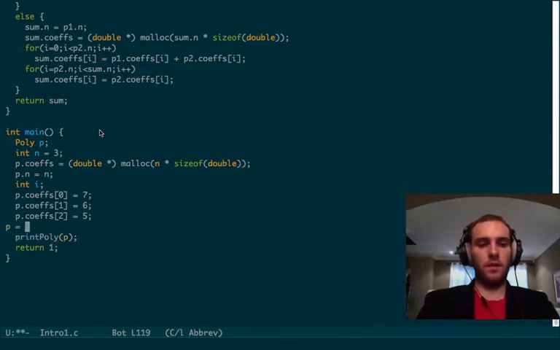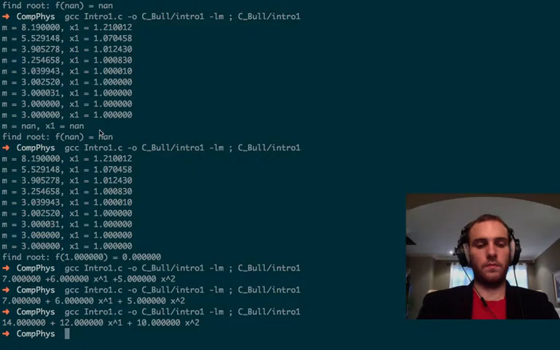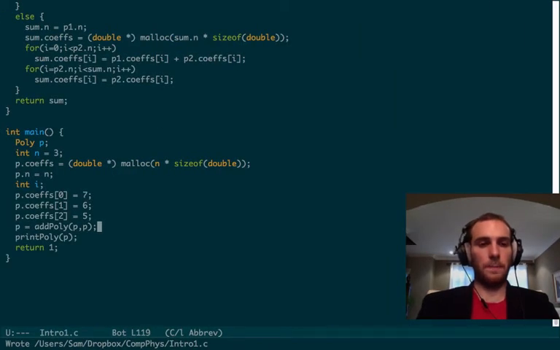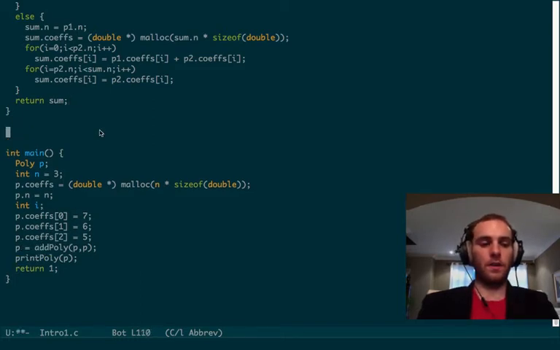Let's try P equals add poly P. Alright, so we've doubled the polynomial.